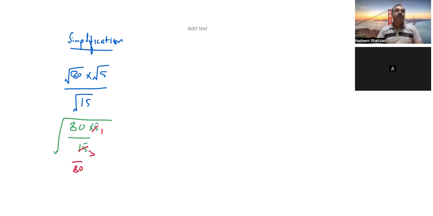Can we divide 80 by 3? We cannot. So in this aspect, we can separate their roots and try to simplify further. So it will be square root 80 divided by square root 3.